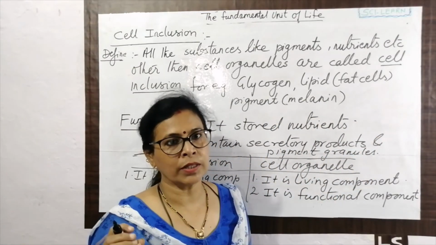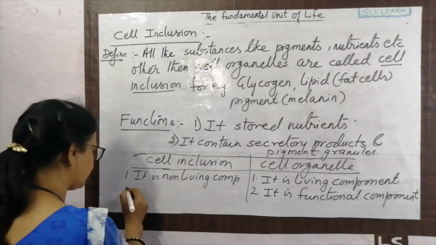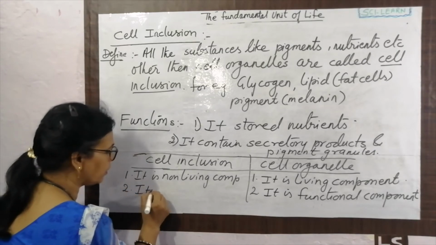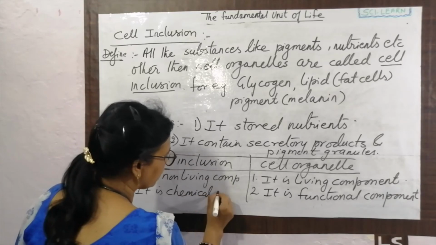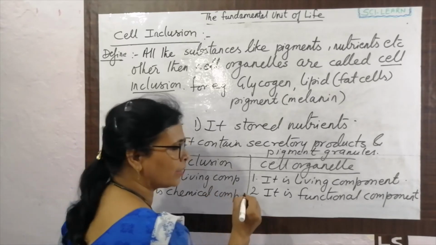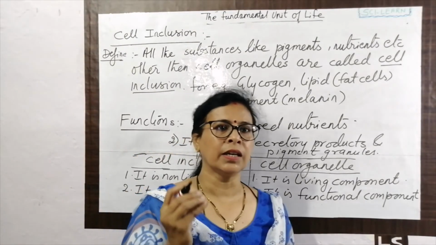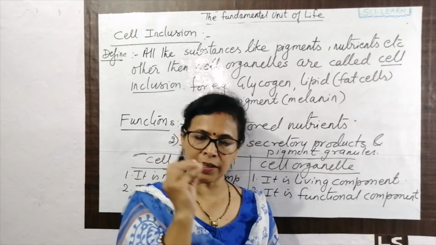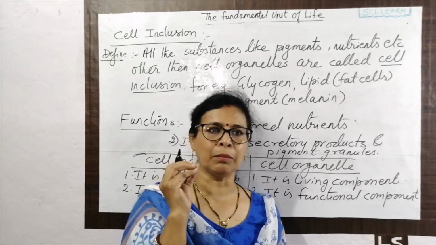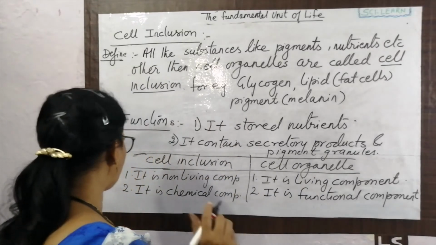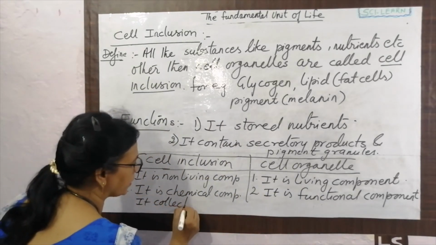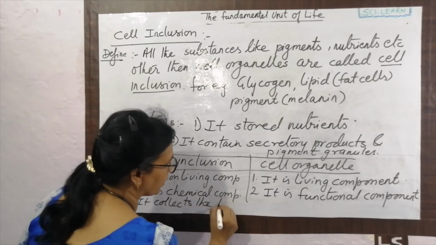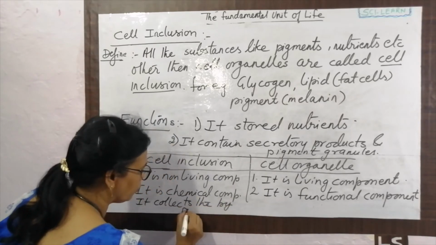Cell inclusion is a chemical component. Various chemicals or various secretory substances are collected here. So it is the chemical component or byproduct. It collects the byproduct.